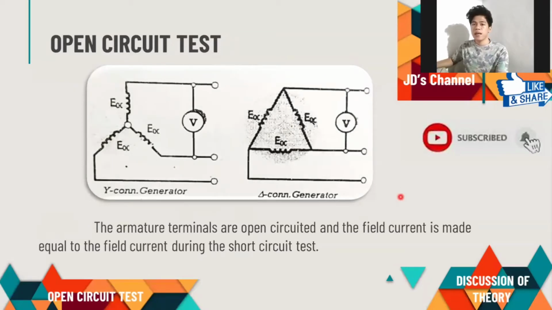The instrument we use now is the voltmeter, which, as we can notice, is connected in parallel to our terminals. And then this is how it looks in the delta connected.